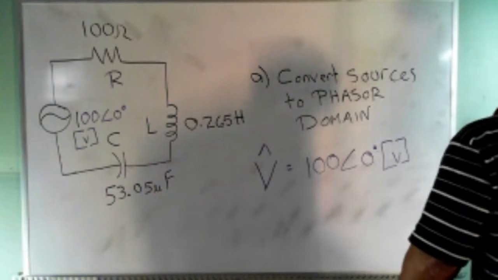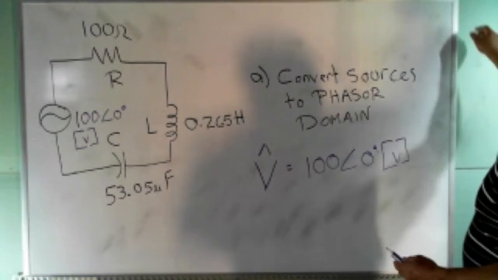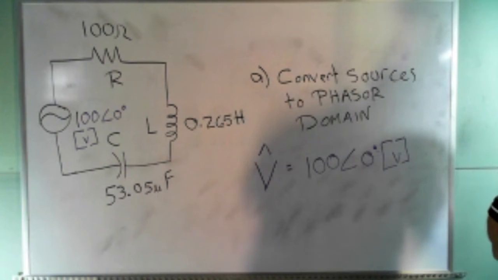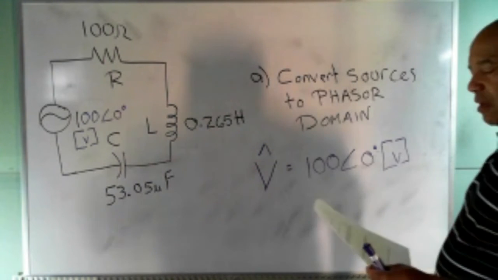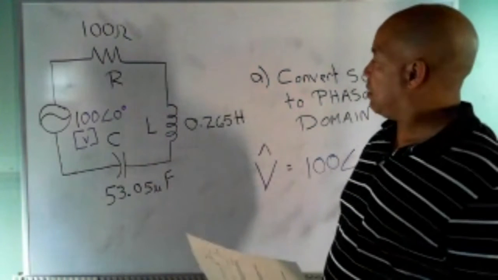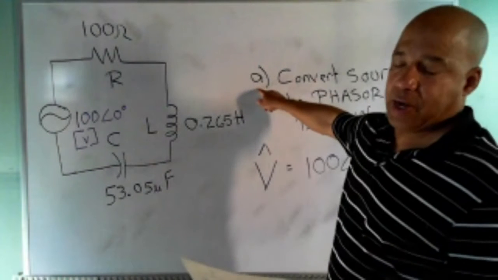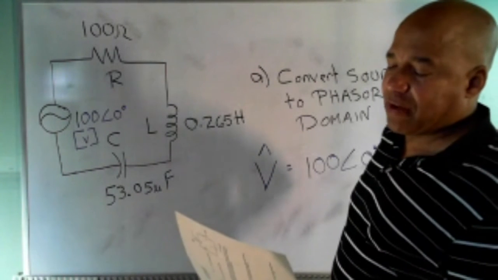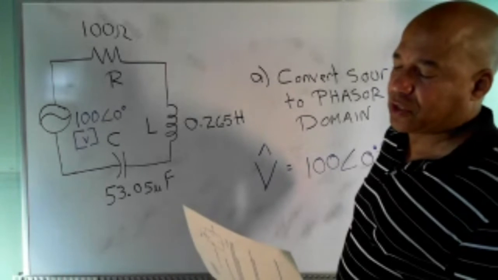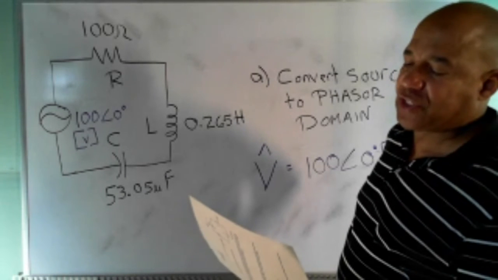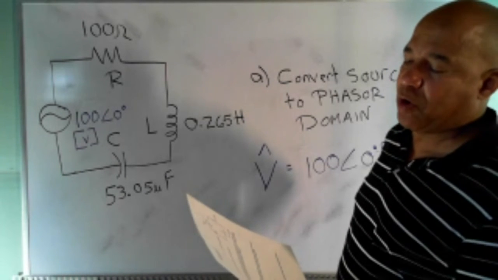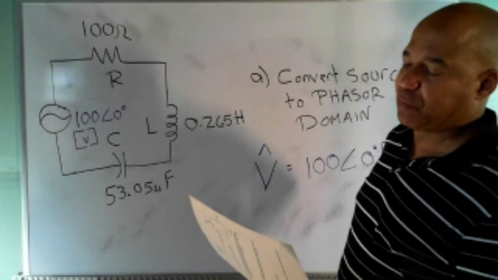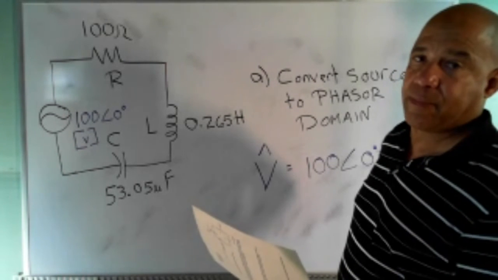Now the next part, number 2. Well, I'm showing the A, it should have been a 1. Find the ohmic value for all capacitors and inductors in the circuit. Show each opposition, including resistance, in both rectangular and polar form, as defined by their respective positions on the impedance diagram.